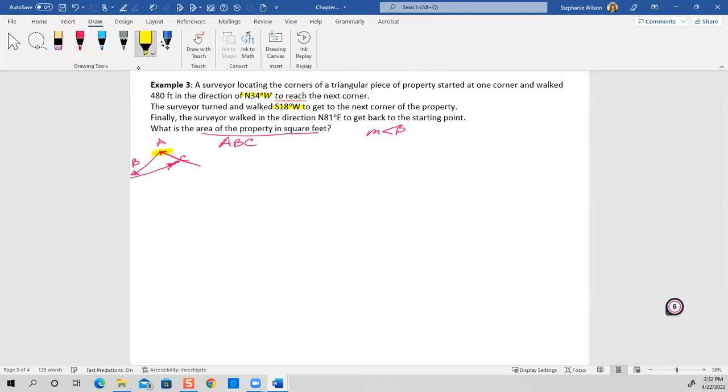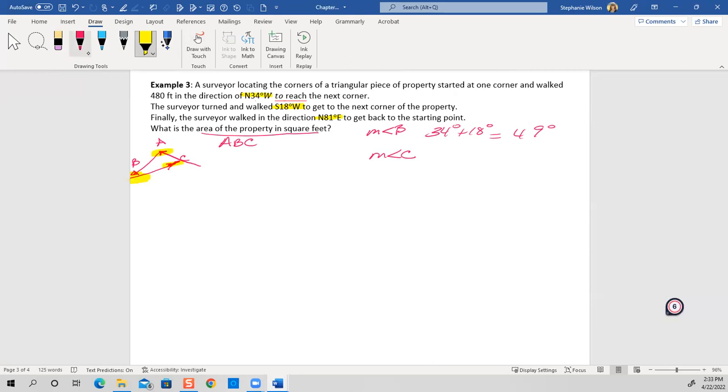Okay, so what I'm going to do is take that 34 degrees plus the 18 degrees and add it up, and I get 52 degrees. Now we're going to take the measure for C. Well, we notice, what do we got here? We got 81 and we got 18. So we got 81 and then we go back to 18.